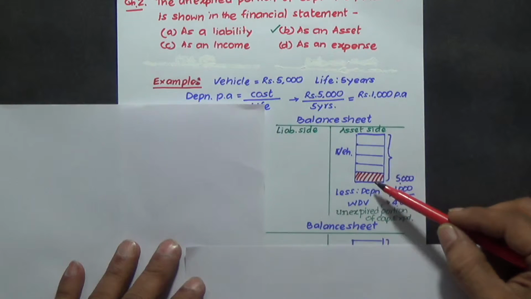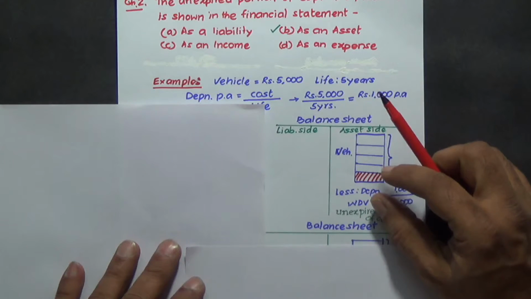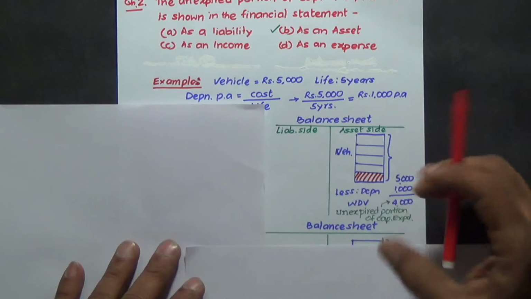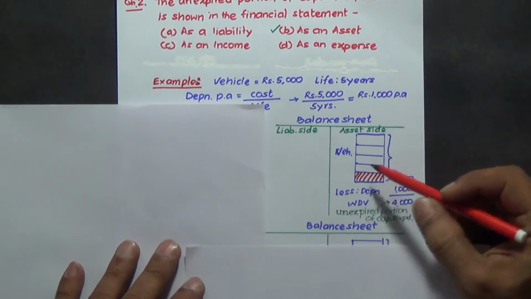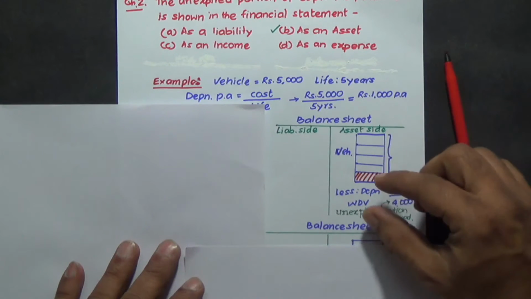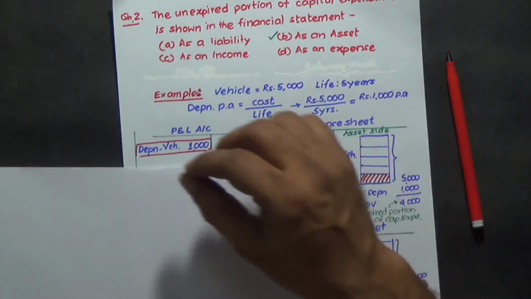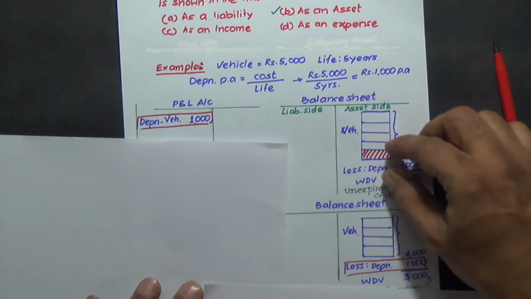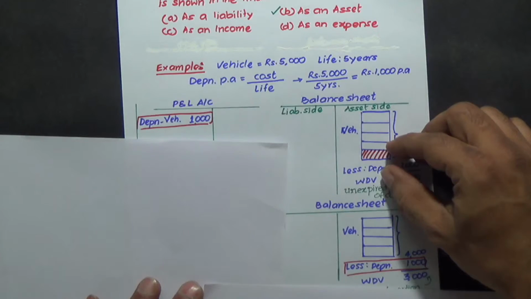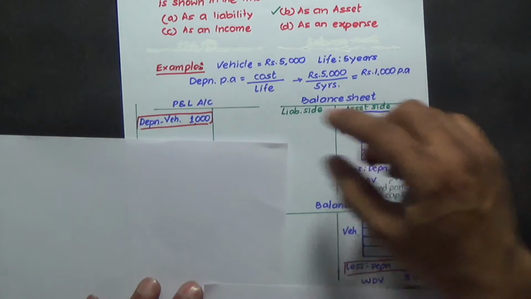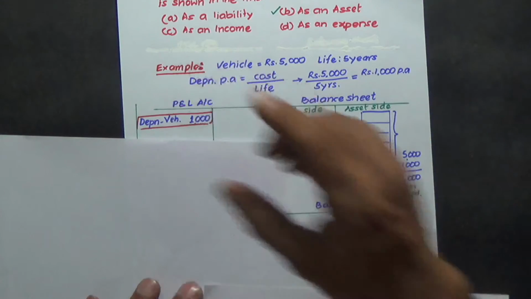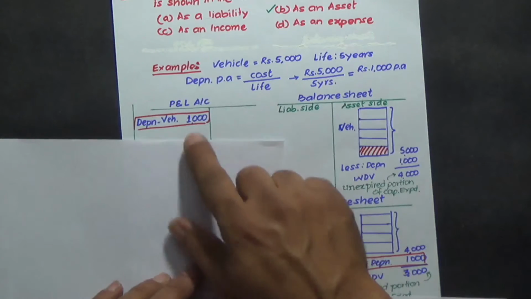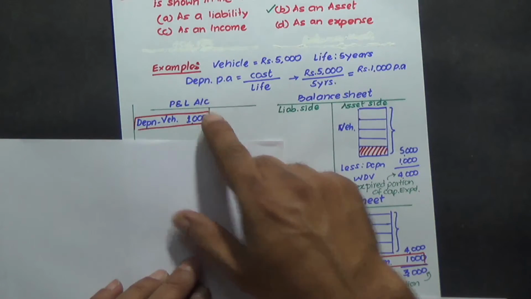This shaded portion, red portion, is the amount of utilization of the asset in 1 year. That represents 1,000. So this 1,000, this piece we pick up and we drop it here. So this 1,000 is the worth of utilization of this asset in this 1 year, so we are going to put it here. We are going to recognize that amount of expenditure in this particular year.